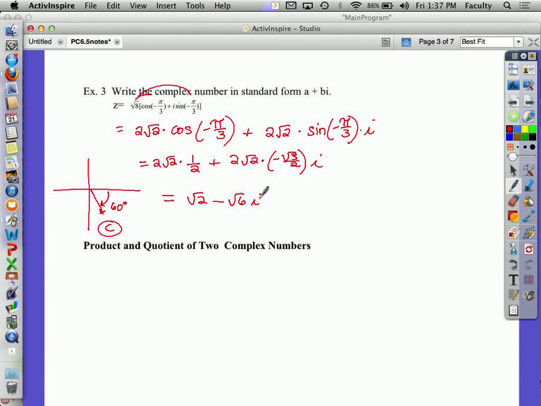is the product and quotient of 2 complex numbers. And again, there's a formula that goes with these, and I will give you those on the next quiz, but you have to know how to use them.